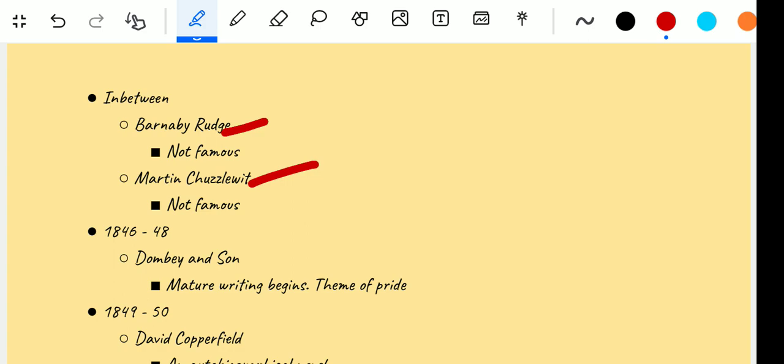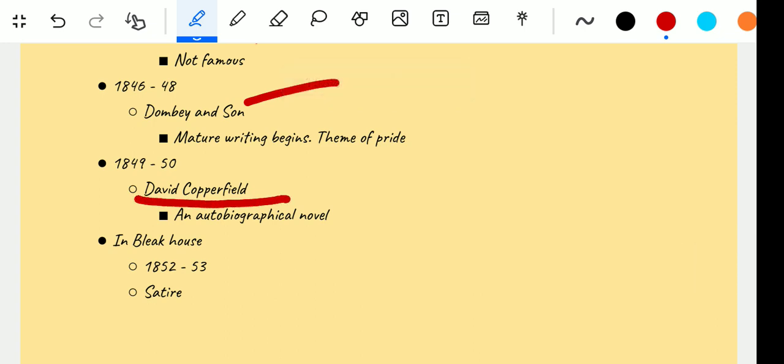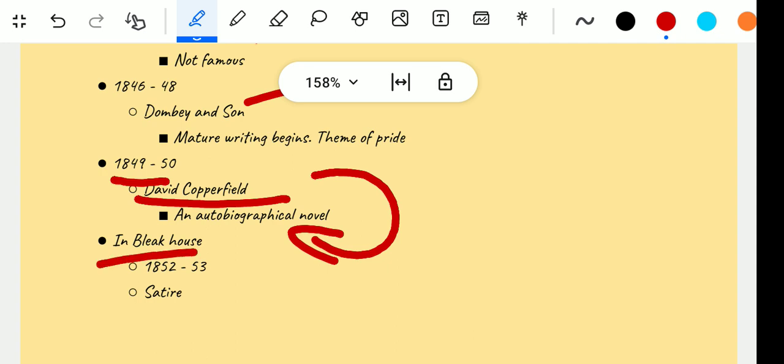From Dombey and Son, we could see his mature writing. And this important work, David Copperfield, was published during 1849 to 1850, and it has autobiographical elements in it. Bleak House was published during 1852 to 53, and it was a satire.